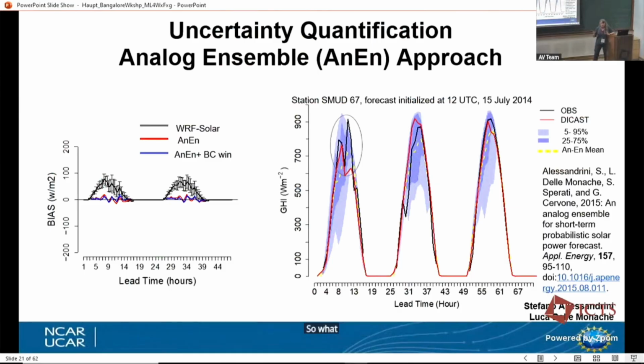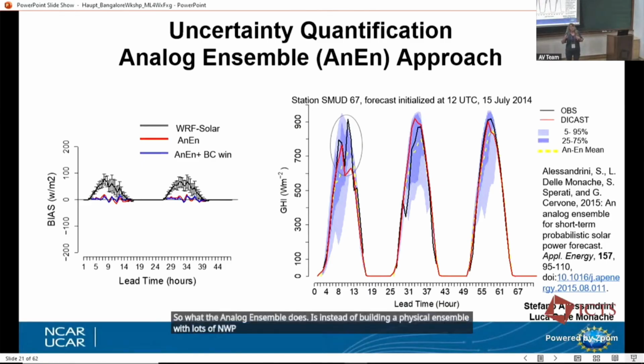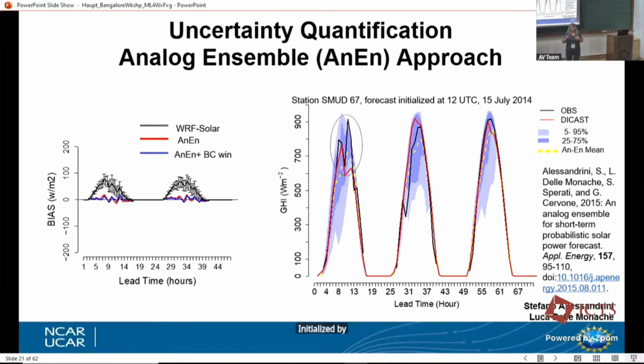So what the analog ensemble does is, instead of building a physical ensemble with lots of NWP runs initialized by stochastic or parameter perturbations, it builds an ensemble based on one, what you hope is a best forecast, hopefully high resolution, where you have the historical forecast and matching data.